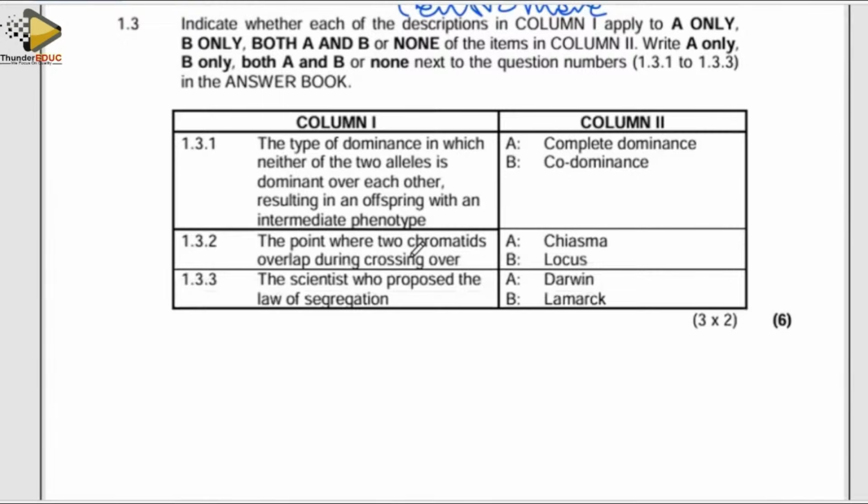The type of dominance in which neither of the two alleles is dominant over the other, resulting in offspring with an intermediate phenotype. Who can tell me the answer? Intermediate. Here, the first one, you have complete dominance, you have codominance.